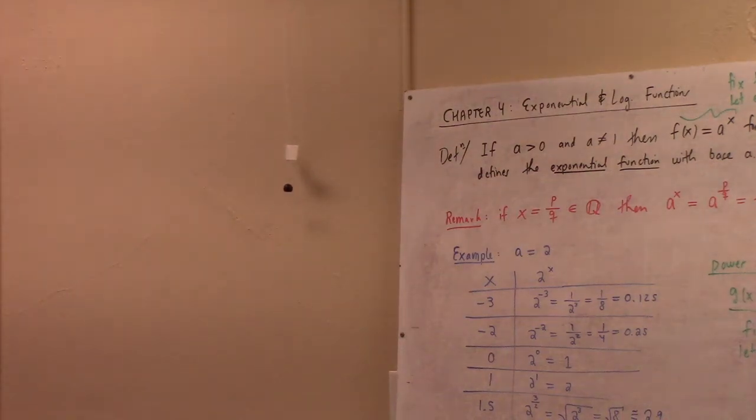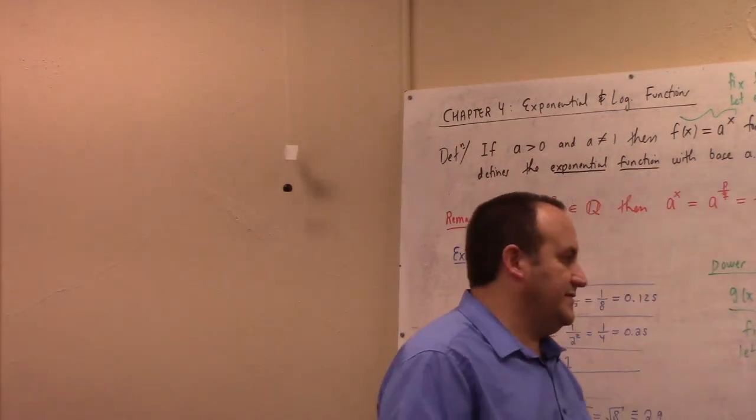But this is the base which defines f of x equals e to the x. And I will usually refer to this as the exponential function, as in it's the most important one. So also we say base e.